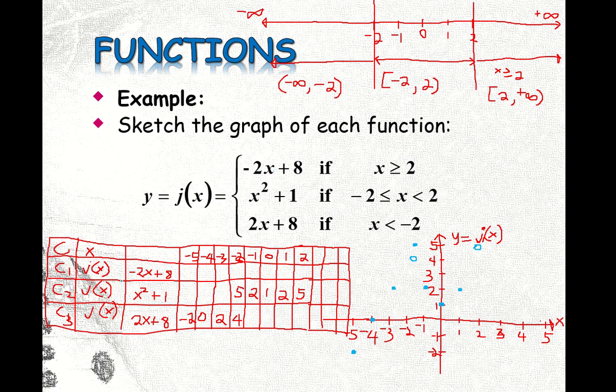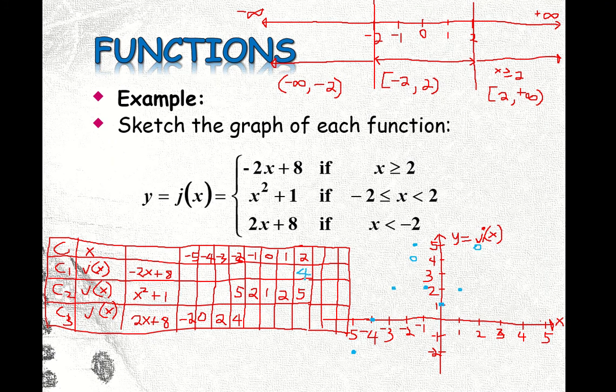Condition 1, x equal to 2, so negative 2 times 2 is negative 4 plus 8. So this is positive 4. So for condition 1, when x equal to 2, positive 4.